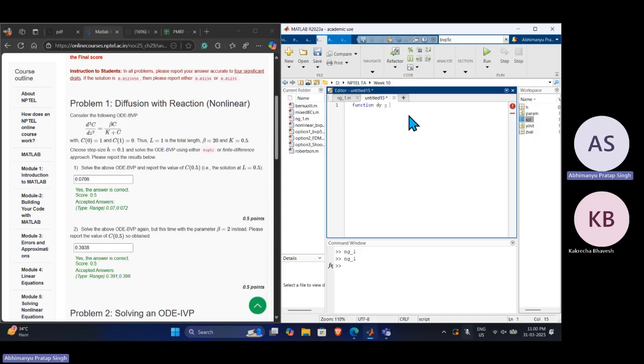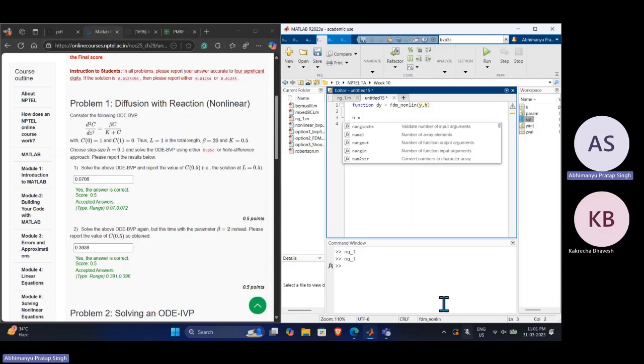Function. Let us take h as input. The number of elements would be 1 by h.